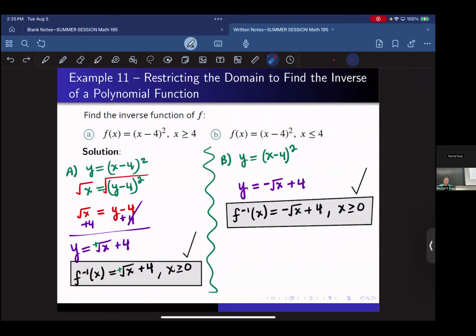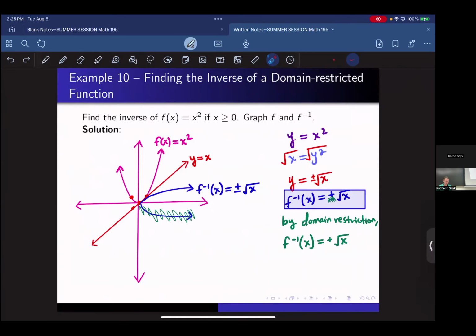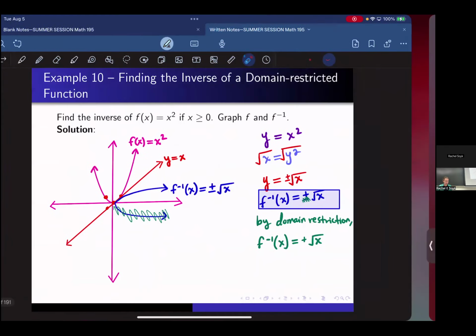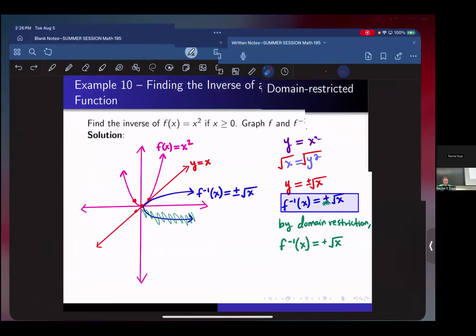However, if we look at them both together, then our vertical line test fails, and then we don't have a function. Again, to represent over here, our vertical line test fails here and here. But separately, if we just looked at this, it works. Or if we just looked at this, it works as well.